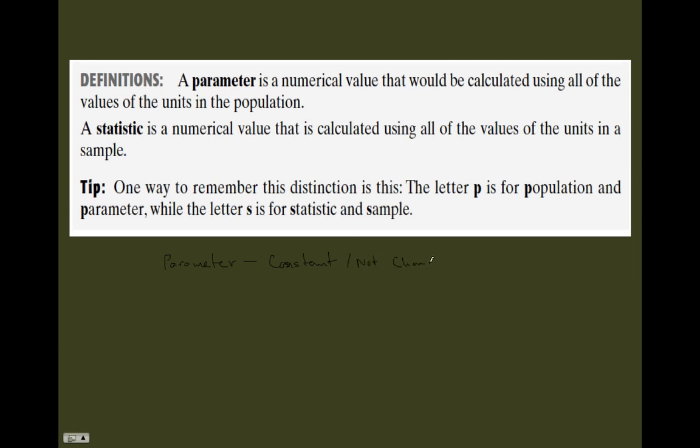And of course, this is not always a reasonable assumption if the parameter of interest is likely to change. Or, sometimes the parameter value could be constantly changing. But when we do statistics, we can't really think about it like that. So one of our simplifying assumptions is to assume that the parameter is constant.